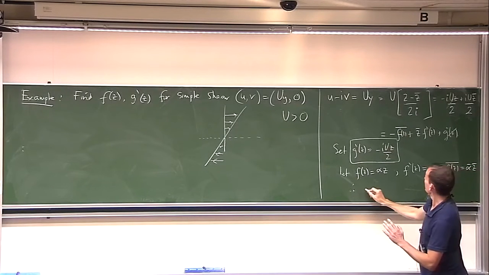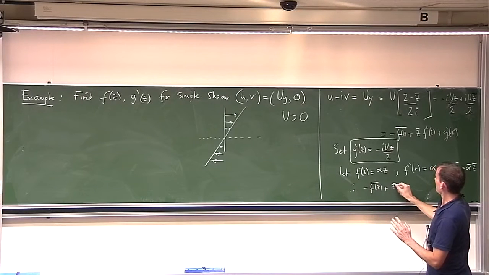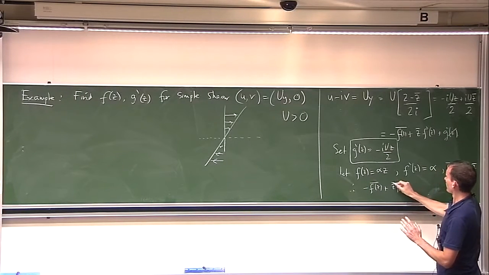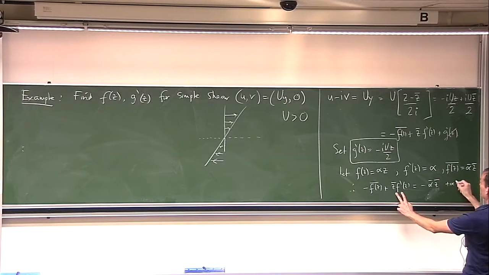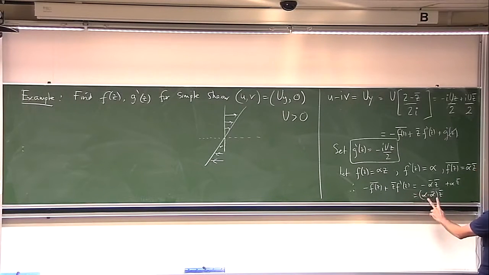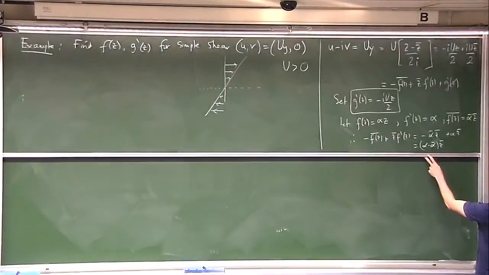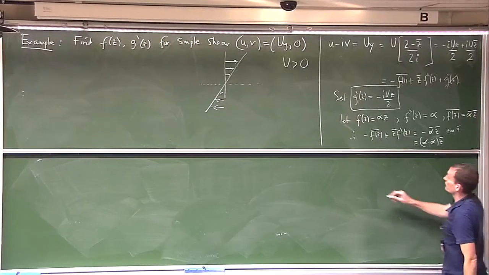So therefore, minus f bar plus z bar f prime is minus alpha bar z bar plus alpha z bar, which is this. Right? So we want this thing to be equal to iU over 2.